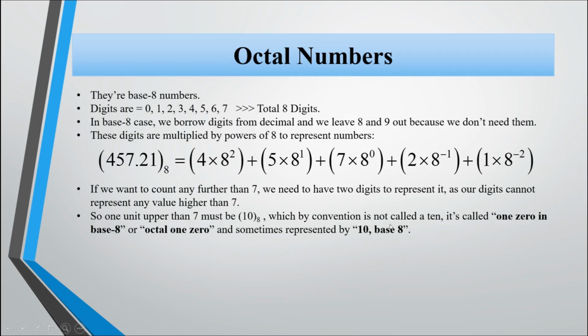By convention, we shouldn't call this one ten, because it's in base 8 and doesn't have the value of ten. It's called 10 in base 8, or octal 10, and sometimes represented as 10 base 8.